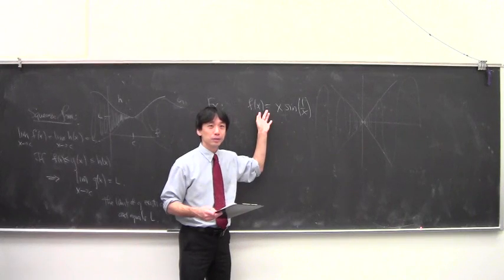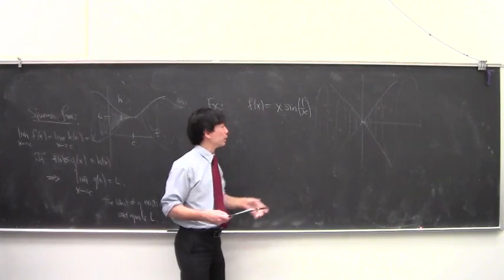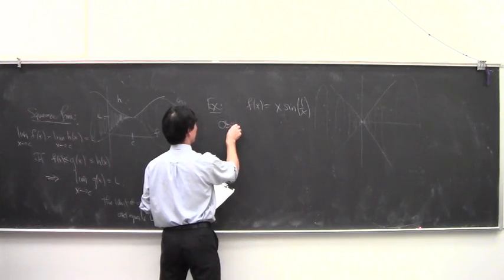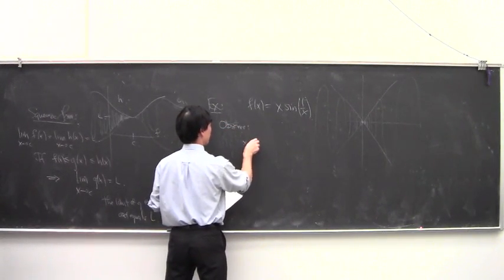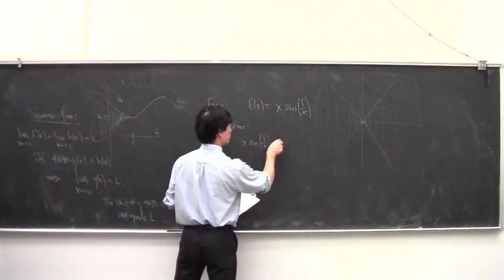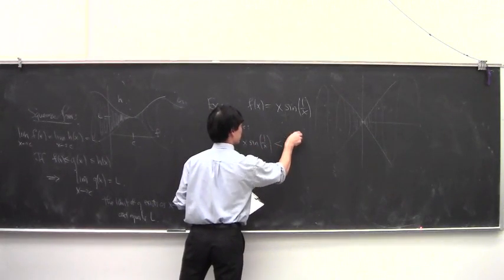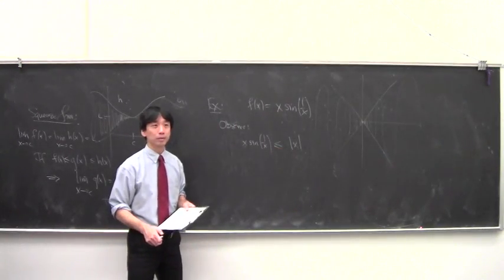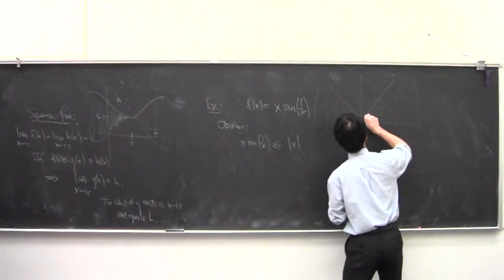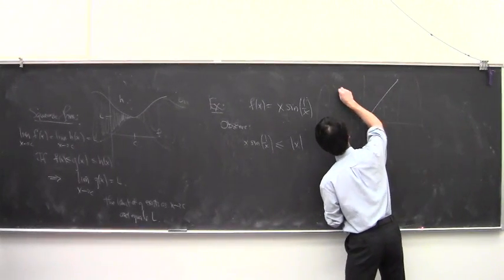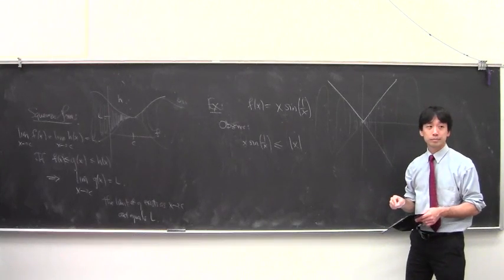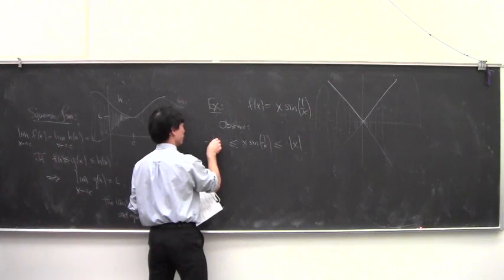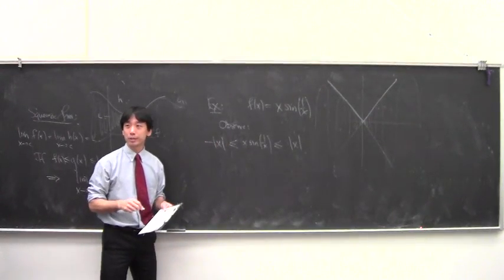And the way you'd show this using the pinching theorem is like this. You'd say, well, observe x sine 1 over x is smaller than or equal to the absolute value of x. Here's the absolute value of x function. And I also know that this thing is bigger than negative the absolute value of x.